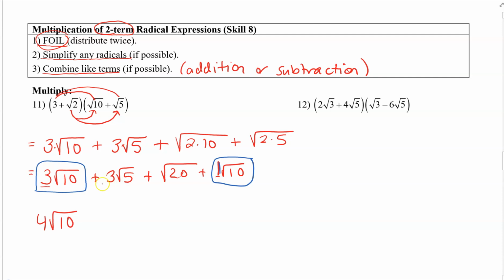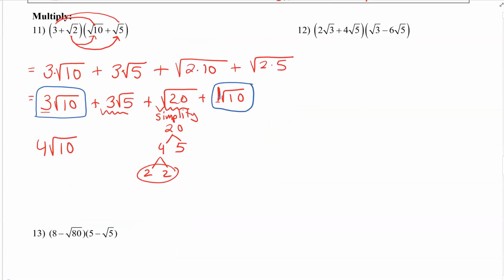Now here, the 3 rad 5 and the rad 20, I need to see if maybe I can simplify the square root of 20. And it looks like I can because 20 can break into 4 and 5. 4 can break into 2 and 2, which can be pulled out of the radical.